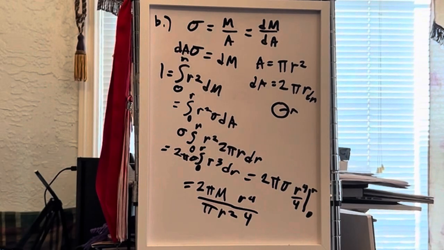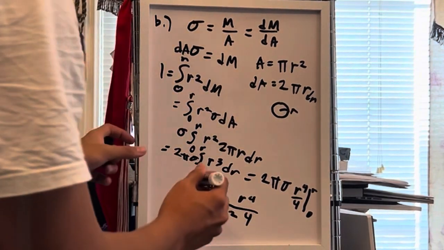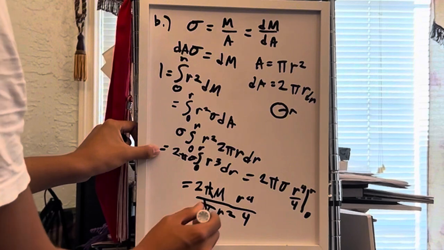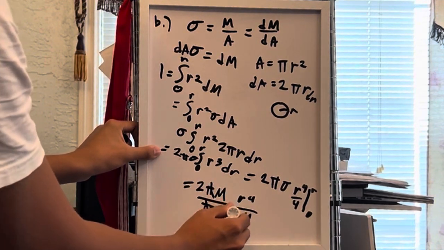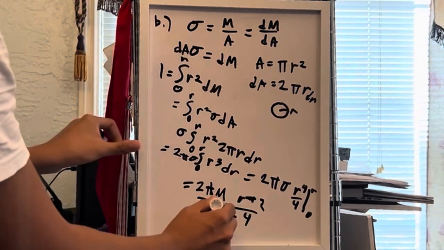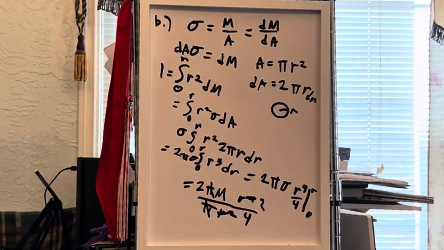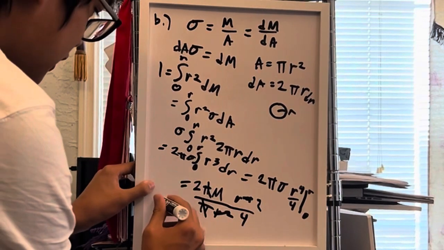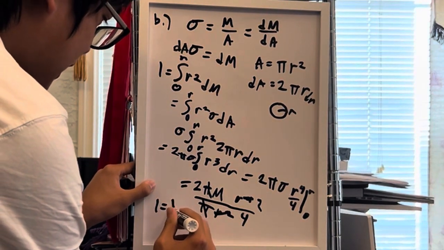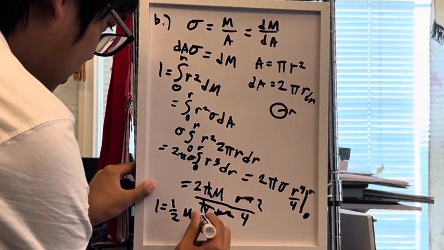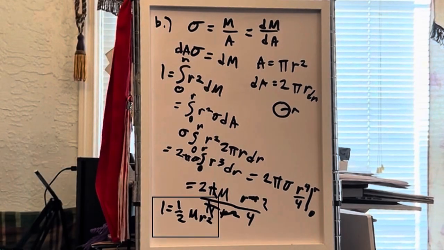So what's going to happen is the pi's cancel out, the m stays here, this turns into a 2 because r squared is taken from this r to the power 4, and this 4 turns into 1/2. So I know that I is going to equal 1/2 m r squared, like so.